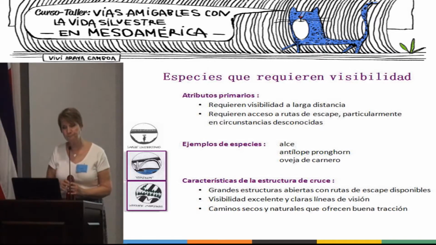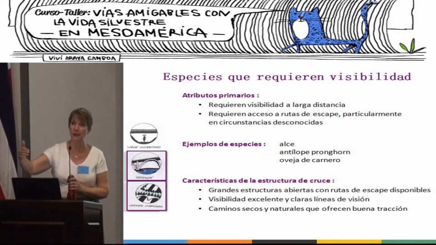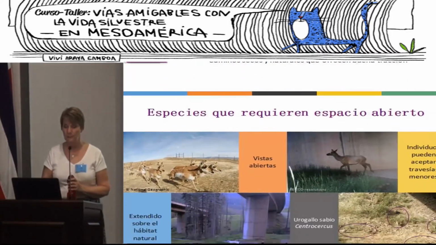Now, sometimes you can make underpasses that are large underpasses, as the slide shows here, suitable depending on your species and its actual physical size. But the best version of this is the viaducts where habitat goes continuously under the bridge, or overpasses where you can reconstruct the habitat on top of it.